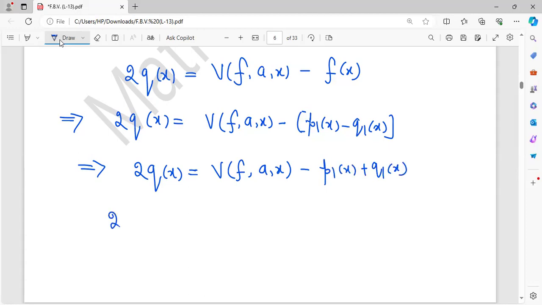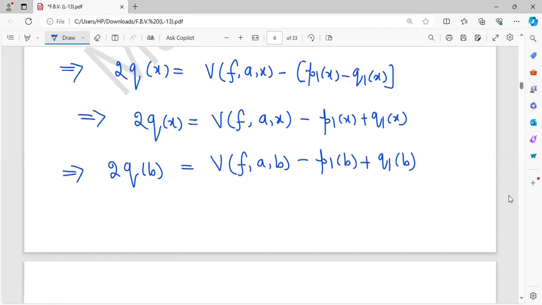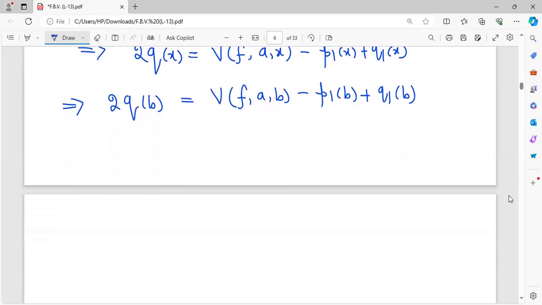So what is 2Q(b)? This is nothing but the variation of f.